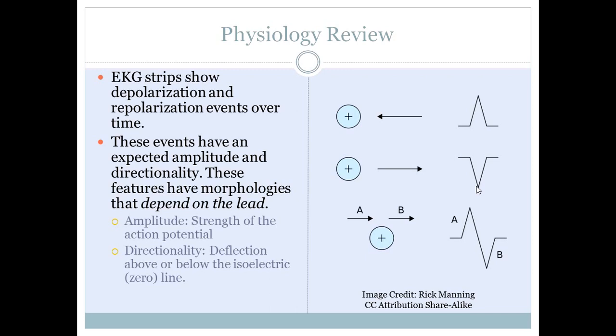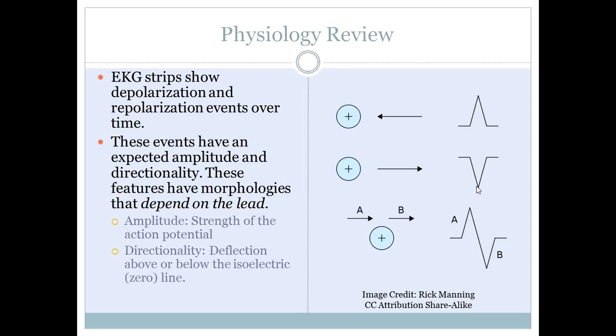And the direction is in a line originating at the negative electrode. When you see a signal moving towards the positive electrode, you will see an upward deflection.